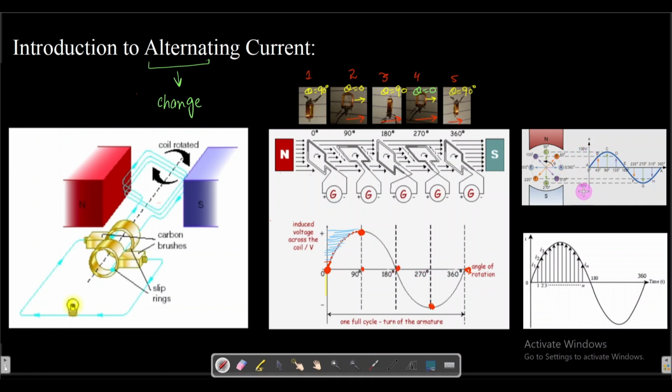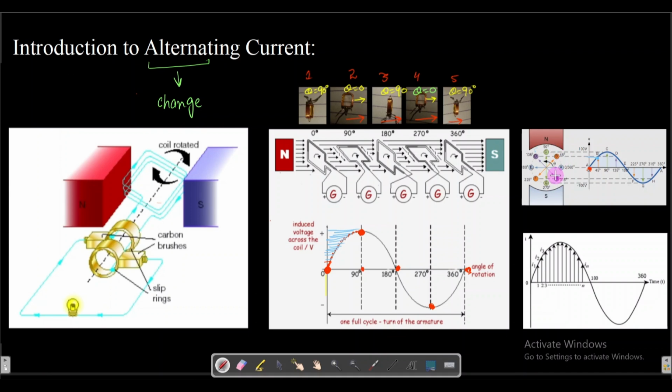Okay, so here is that simulation. Here we have this same scenario. This is the north pole of the magnet, this is the south pole of the magnet, and between these two poles inside this magnetic field we have this coil at different positions, and here that coil is represented by these lines. Okay, when the coil is at the 0 position, it is represented here, this becomes 45 degrees, it becomes 90, and about 45 degrees is changing.